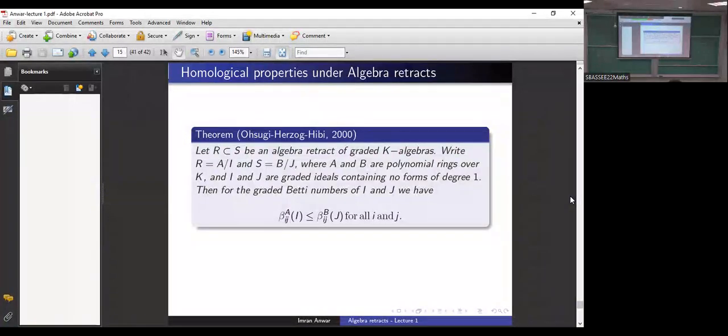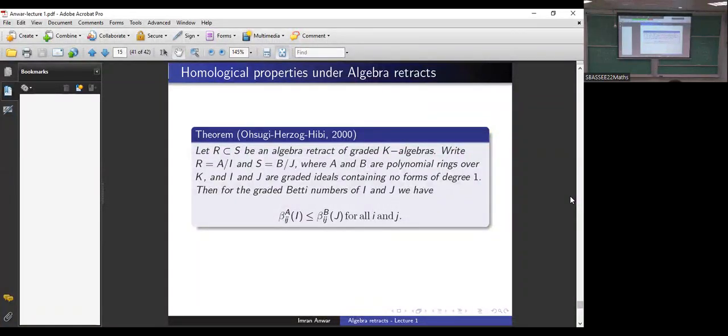In order to attack this kind of problem, there are particular results which really help us. One of these results is given by Herzog, Ohsugi and Hibi, which says that if R inside S is an algebra retract of K-algebras, then we write R as a quotient ring of this particular type, and S as a quotient ring of this type, B modulo J. Here A and B are polynomial rings over K, and I and J are graded ideals containing no form of degree 1.